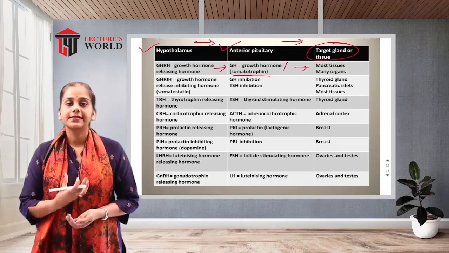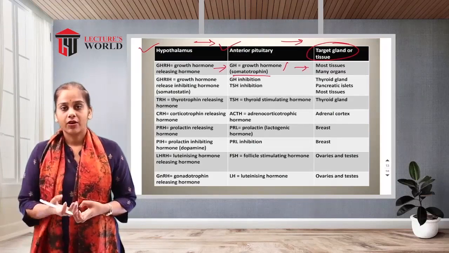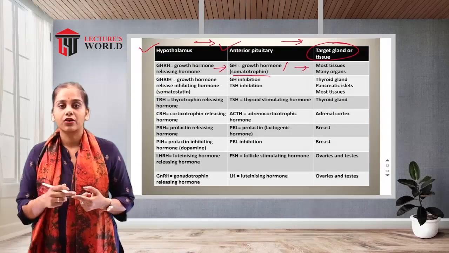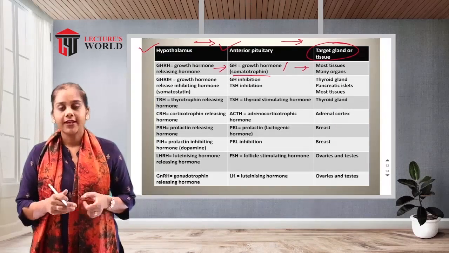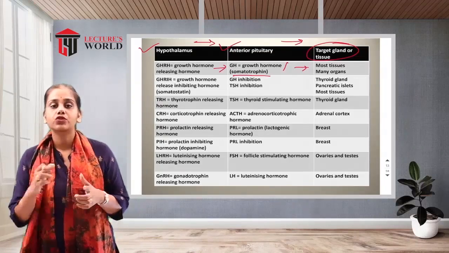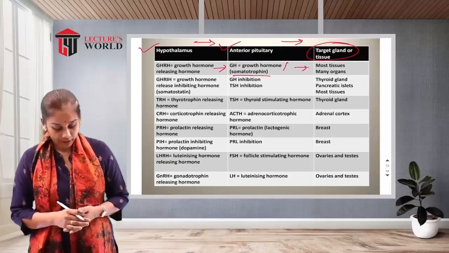Okay, our body is developing, our body is expanding. Our size, or we can say length, height and weight, are increasing. Why? Because of the growth hormone. Okay, so the growth hormone goes directly to most of the tissues as well as the cells in our body.